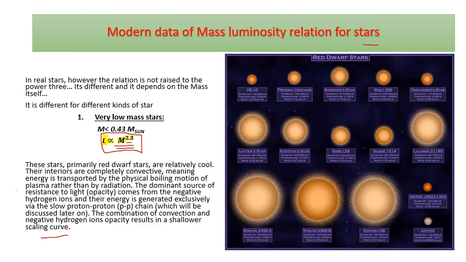All these are red dwarf stars. You can see here VB10, Proxima Centauri, Barnard's star, Wolf 359, Teegarden's star. We have the Ross 128, Kepler 138, even Jupiter. So all these red dwarf stars have this mass luminosity relation.